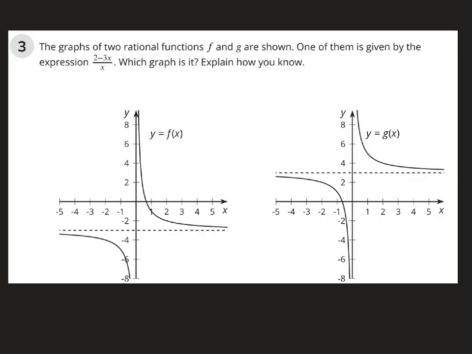All right, the graph of two rational functions is shown. So what we're going to have to do is the dotted line will not show up on a calculator. You will see the graph, but you will not see the dotted line on the calculator. The dotted line is there to show you the horizontal asymptote. Separate your fraction.